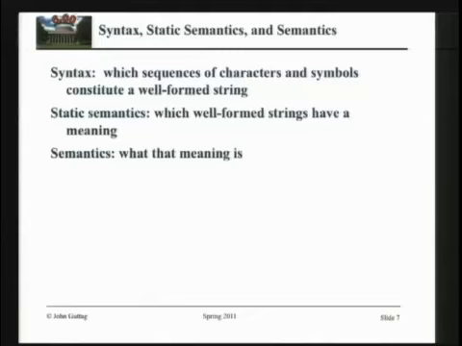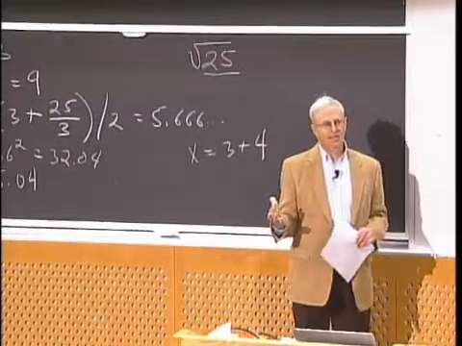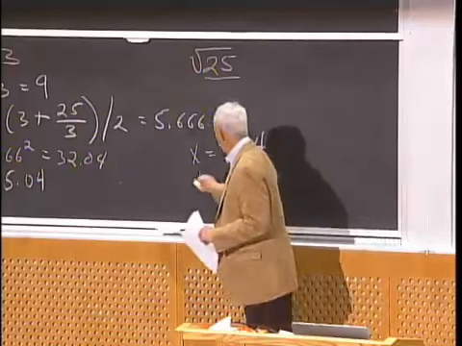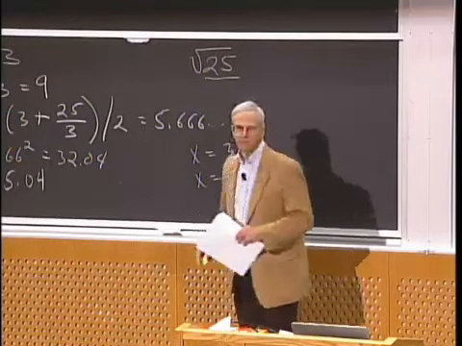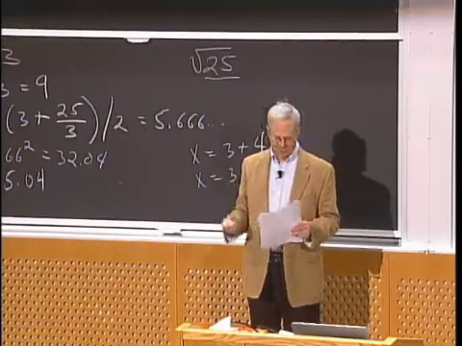So it would tell us maybe that we could write something like x equals 3 plus 4, and that's syntactically correct. It's well-formed. It might also tell us that x equals 3 blank 4 is not syntactically correct. It's not a legal string.